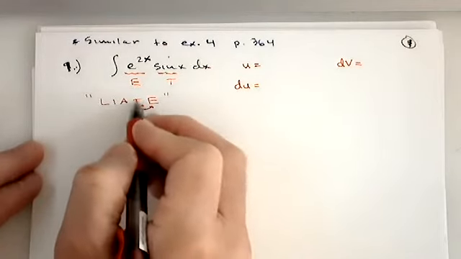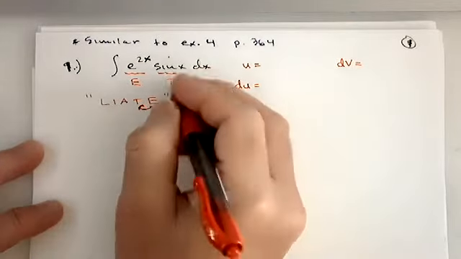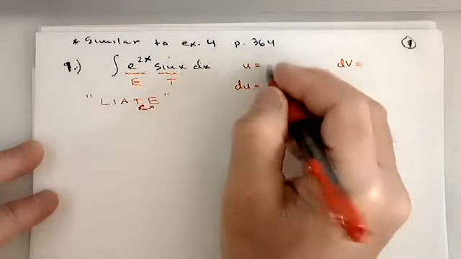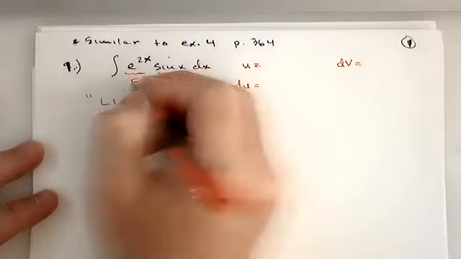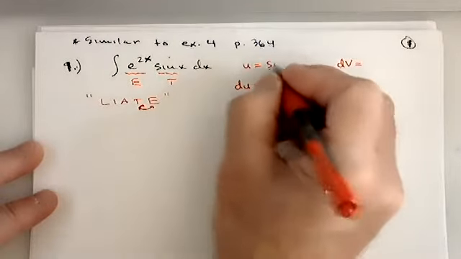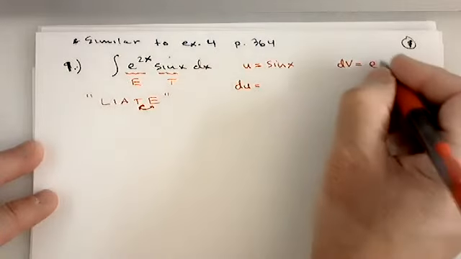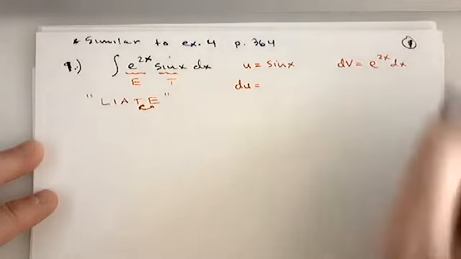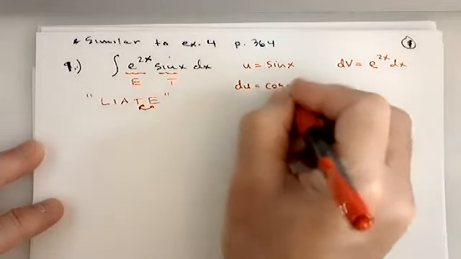We just usually put the T first because it looks like it spells a word. So I guess the derivative of sine is cosine. That's better than 2e to the 2x because you have an extra constant. So maybe I'll just default to LIATE and let u equal sine of x. That means dv is going to be e to the 2x dx, and du is cosine x dx.